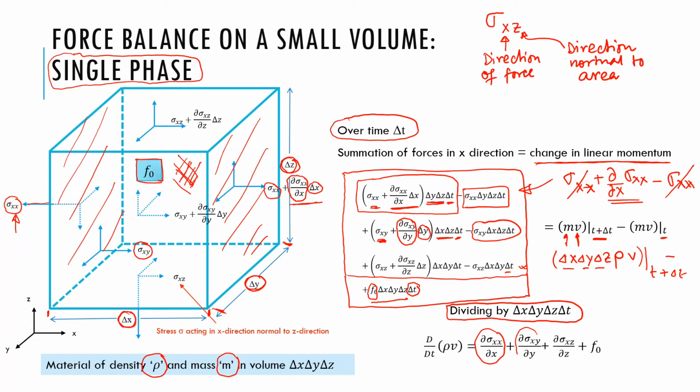And likewise for the other faces. And finally, the body force. And on the right hand side, we'll have rho times v at t plus delta t minus the same at t. So that gives me the derivative of rho v.